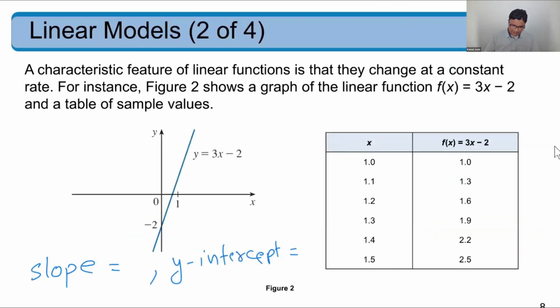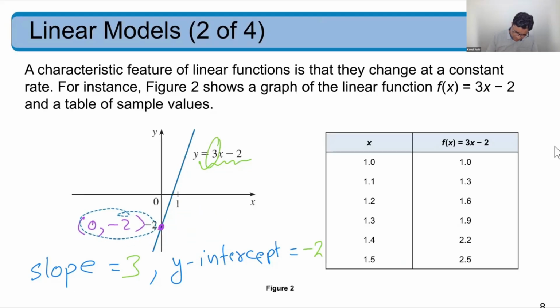All right, let us look at some examples. The line here is y equals 3x minus 2, and that means its slope is 3 and its y-intercept is negative 2. You can see in the graph that the line meets the y-axis at negative 2, right? Now the slope is 3. The meaning of that, what I was saying earlier, is this.